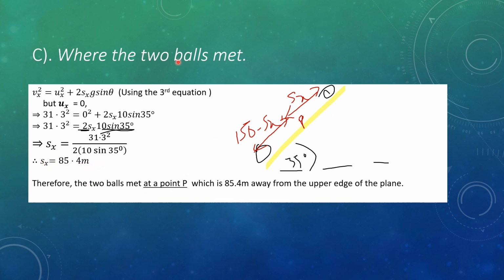So where the two balls met is point P, and the distance between point P and the upper edge is Sx. And we found that that is 85.4 meters. So that's where the two balls met, 85.4 meters away from the upper edge. Someone can decide to come and find this one, but basically if you find this one, it's okay. You're good to go.